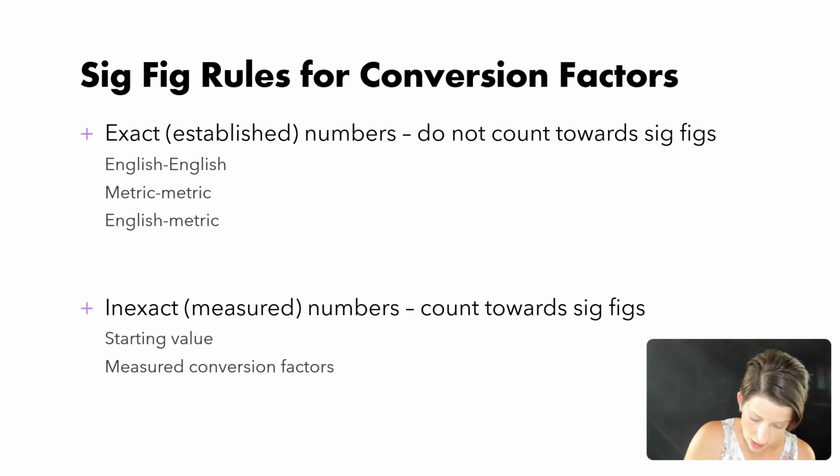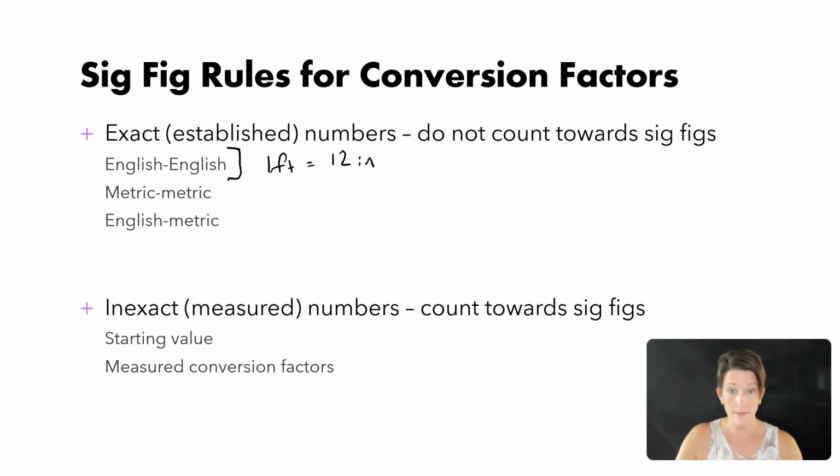English to English, like 1 foot equals 12 inches. We all agree on that. That is a set factor. Metric to metric, changing of the prefix. So we know 1 kilometer is equal to 1,000 meters. We know that. That is set.